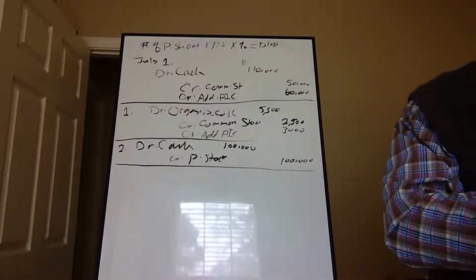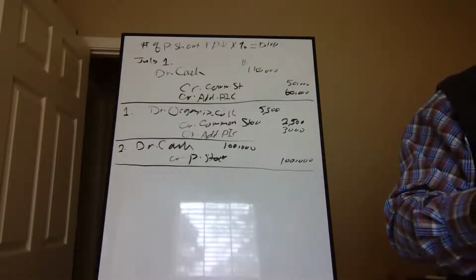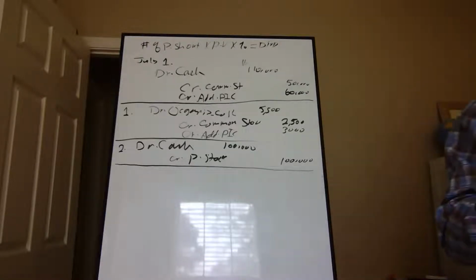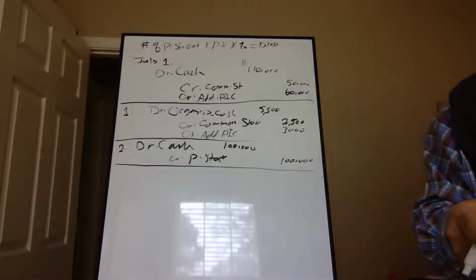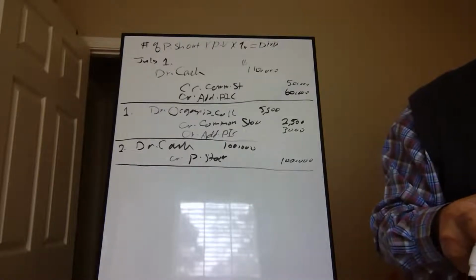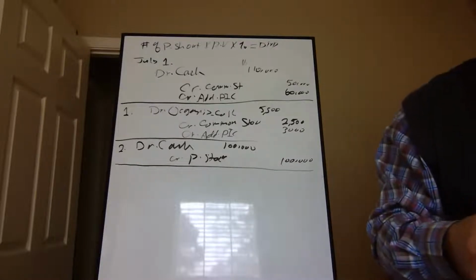However, the management wishes to record the land at the market value of the stock. So they're not going to consider the $35,000. They are going to consider the market value of the shares of stock.